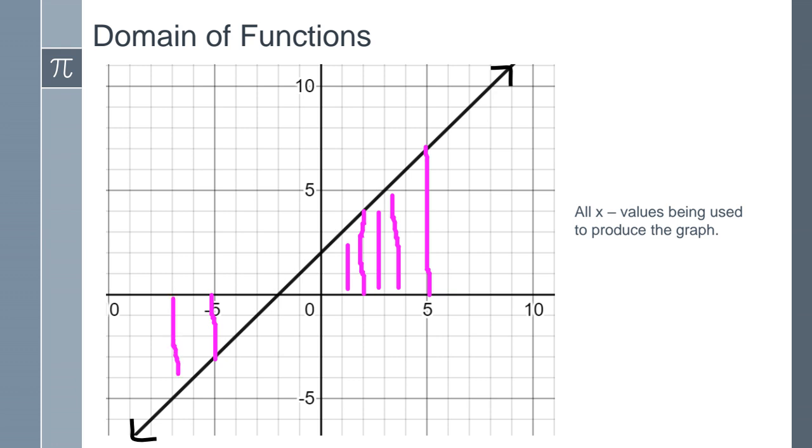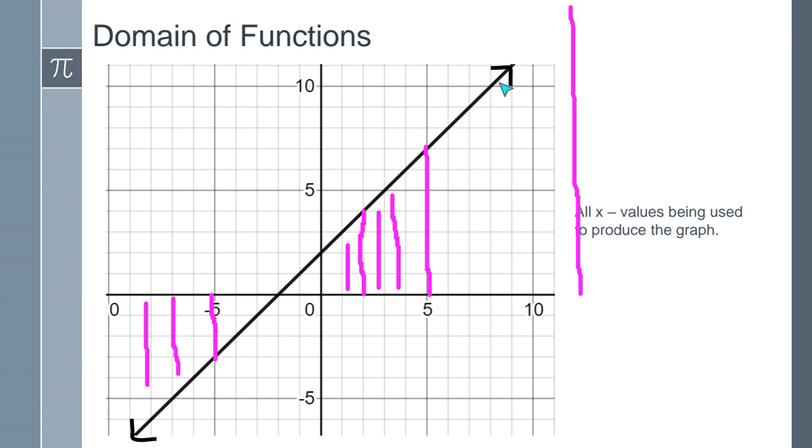Okay. Well, what if I pick, let's say 20, that's over here. And if I keep going up, in my view, I cannot see that it touches the graph. But the arrow in this graph tells me that this is going to go on to infinity and it's going on forever. So eventually, this point 20 is going to touch this graph.